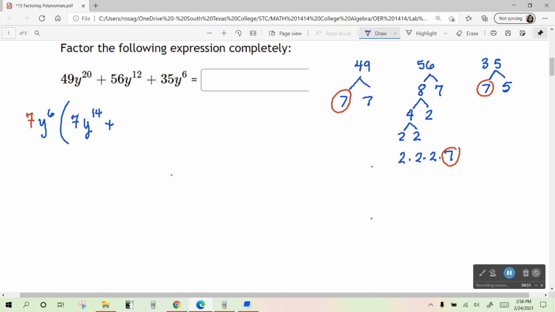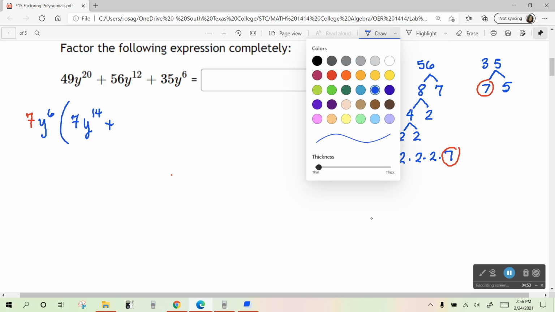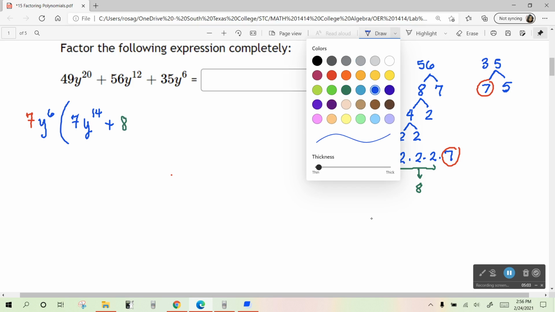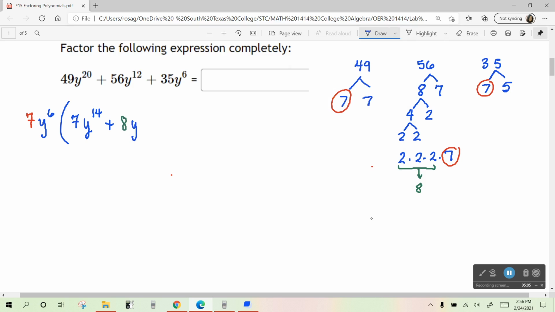Plus, when I go to 56, I have all of these numbers left, so you multiply them and you get 8. So that's what I put here, 8. And then the y would be 12 minus 6, that's 6, plus, and then you look at the 35, there's a 5, and the y to the 6. Like that.